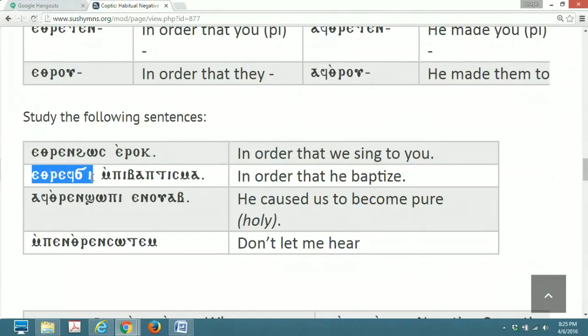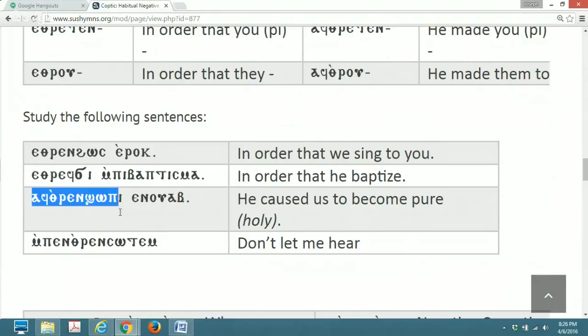Ethref chi, so that he take or receive, or in order that he receive, M, P, the definite article, the baptisma. Baptisma is the baptism. In order that he receive or take the baptism.